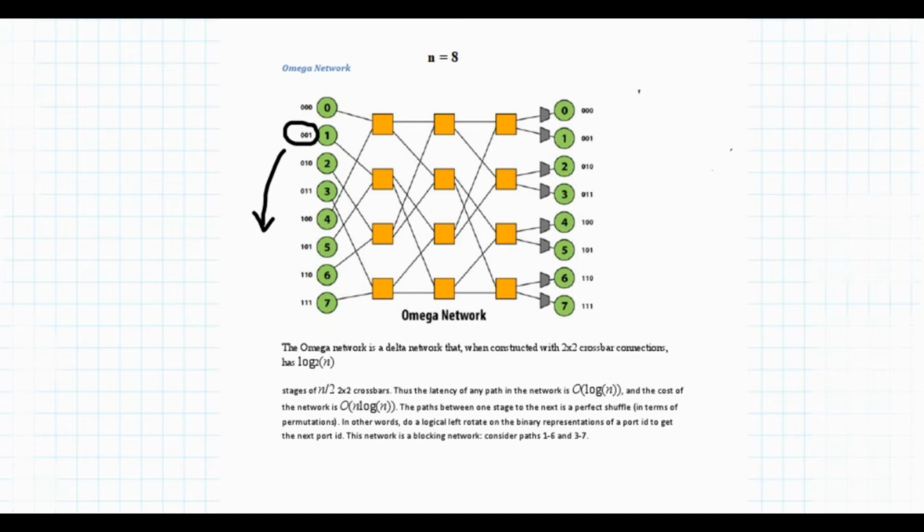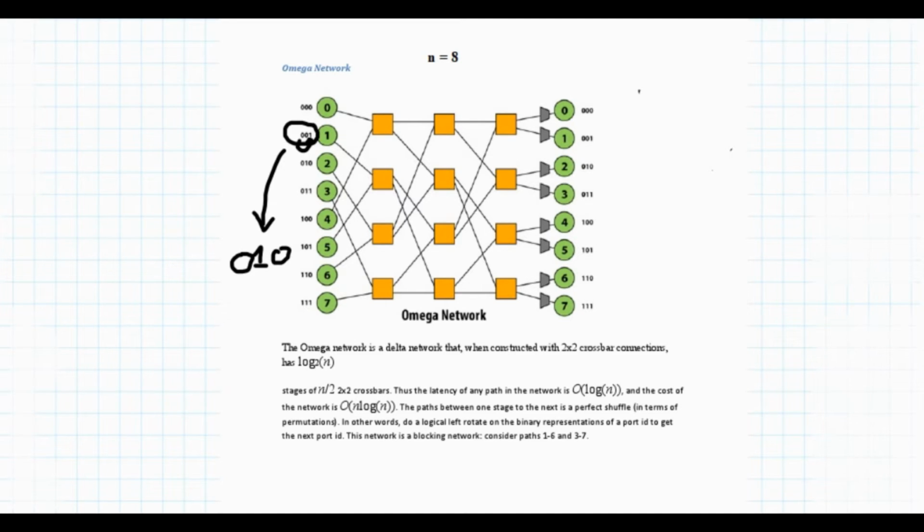At the rightmost bit you have 1. If you left shift this 1 by 1 bit, you will get 1, then 0, then this leftmost bit will come in place of the rightmost bit, 0.